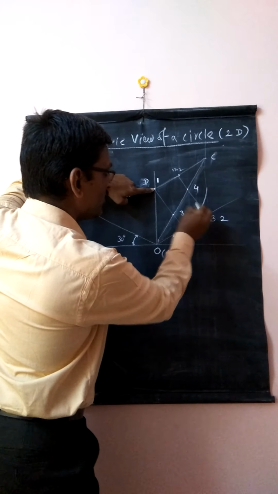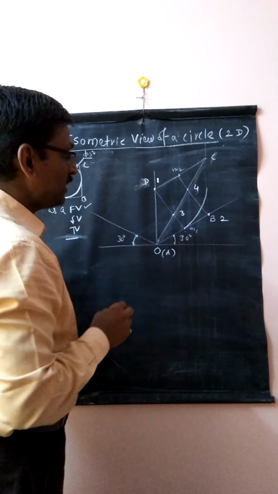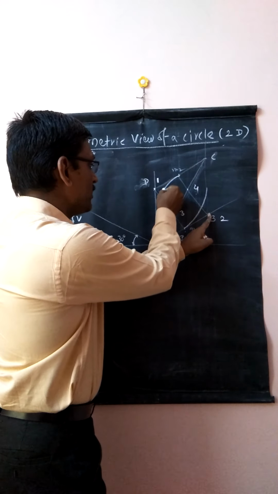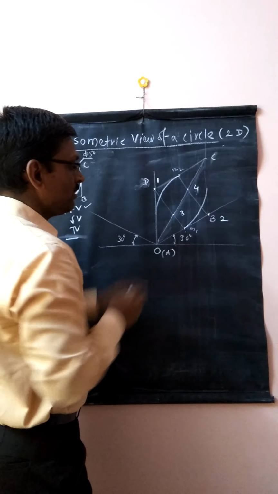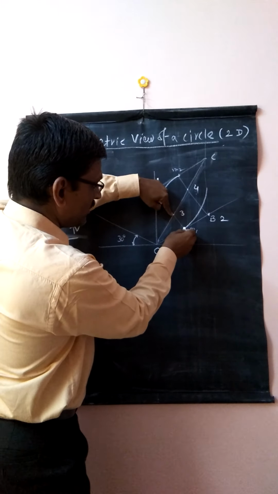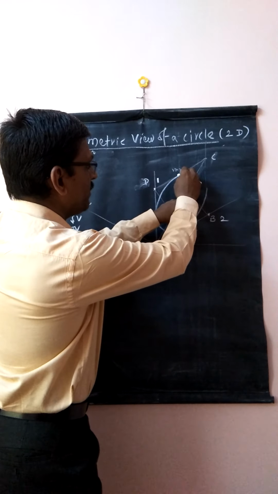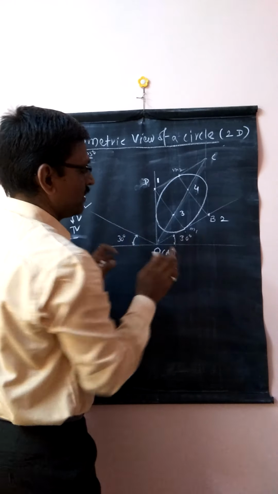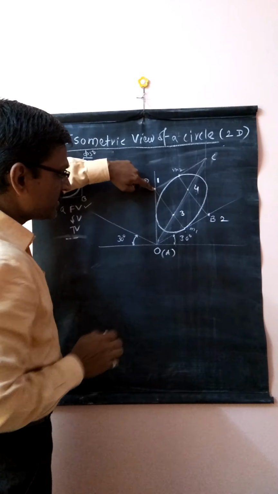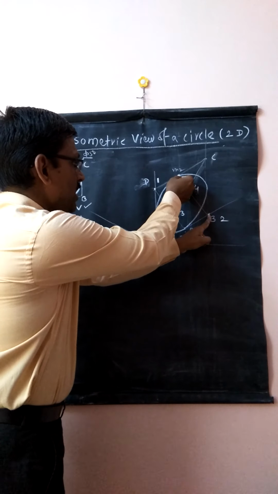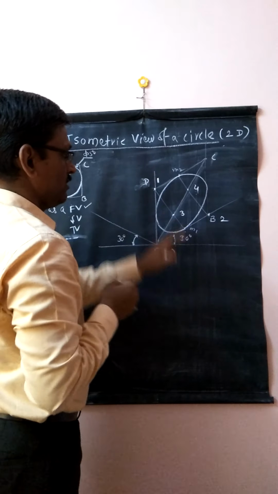Then 2 as center and M2 as radius, complete this. Then 3 as center and M1 as radius, complete this. Then 4 as center and M2 as radius, complete this. Again, 1 as center, M1 as radius up to this point, and 2 as center, M2 as radius up to this point.